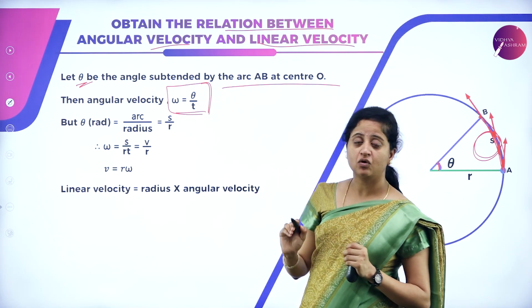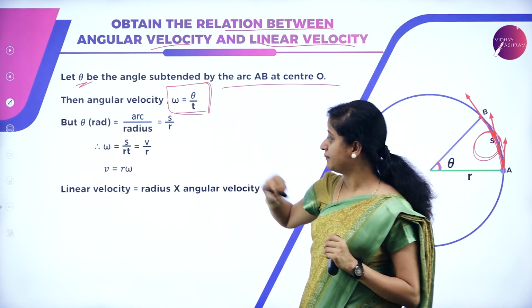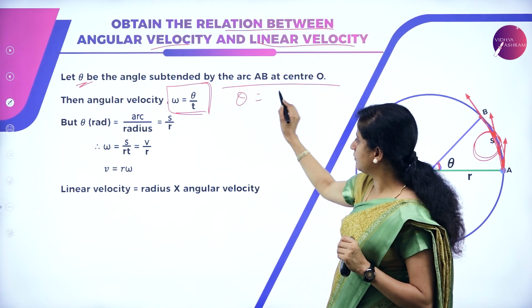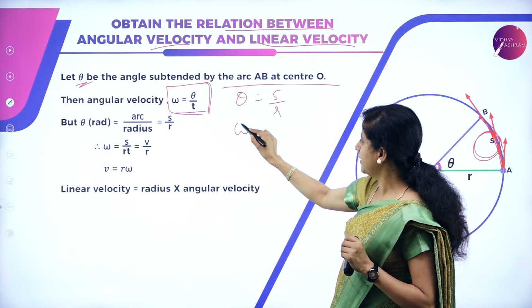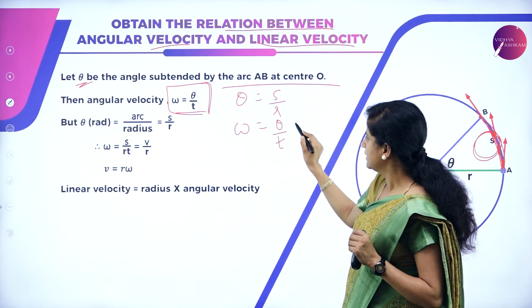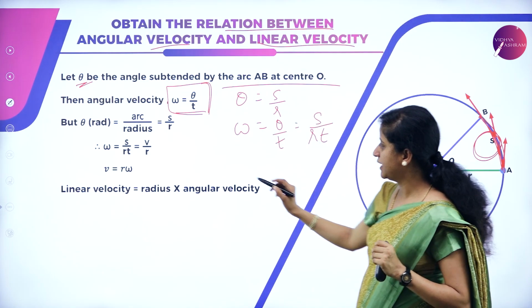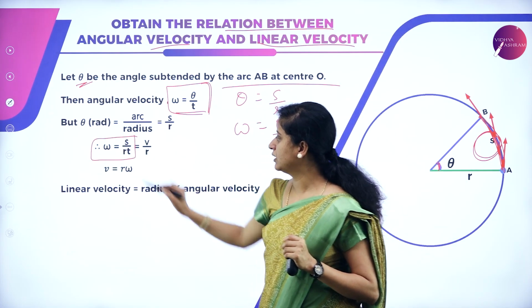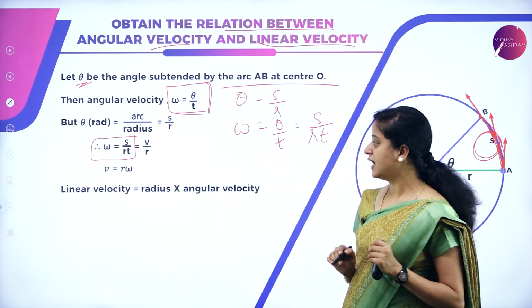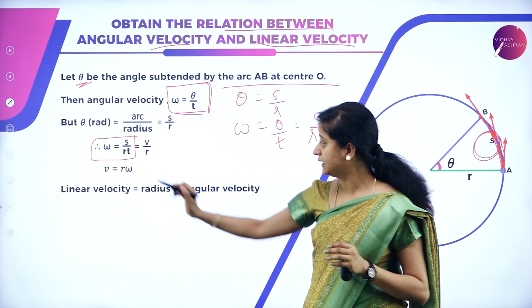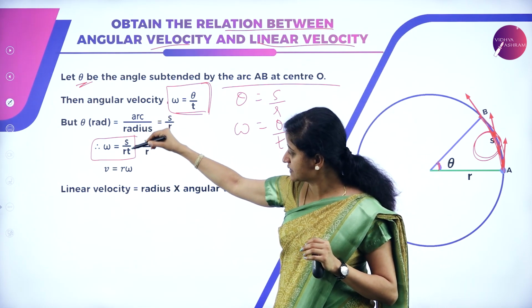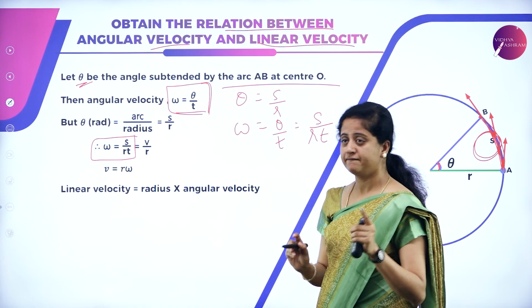We have angular velocity omega equal to theta by t, and theta is equal to s by r. So in the place of theta I write s by r, and t as it is. So we get omega is equal to s divided by r into t. What is this s here? It is displacement, and displacement divided by time gives us velocity.